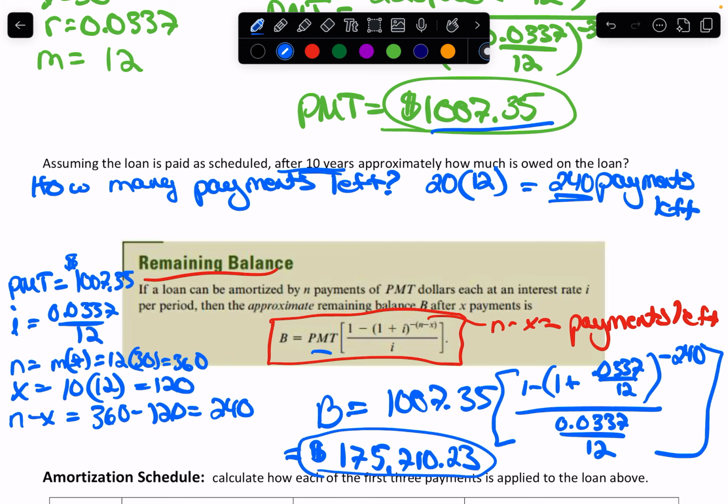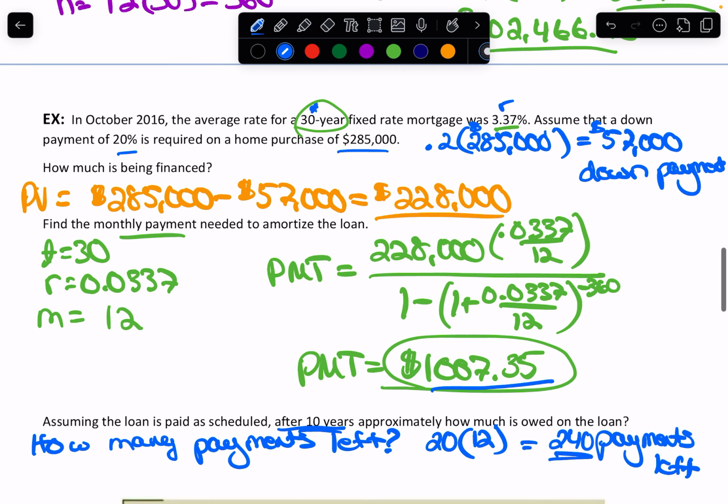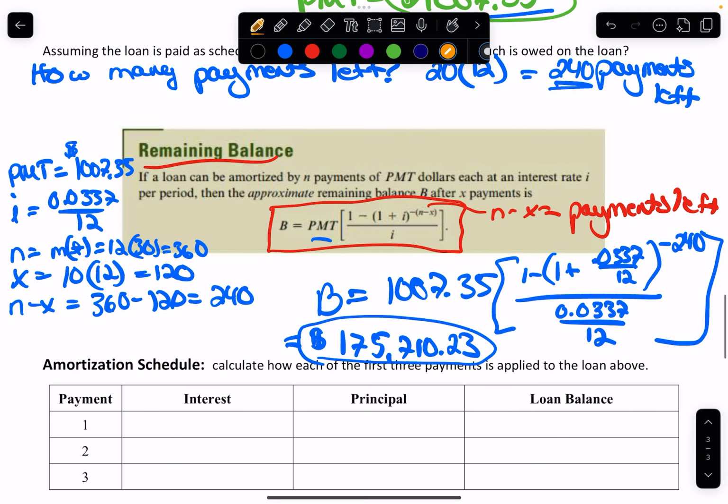Okay, so if we look at that number now, this was how much was financed: 228,000, and the remaining balance is 175,000.